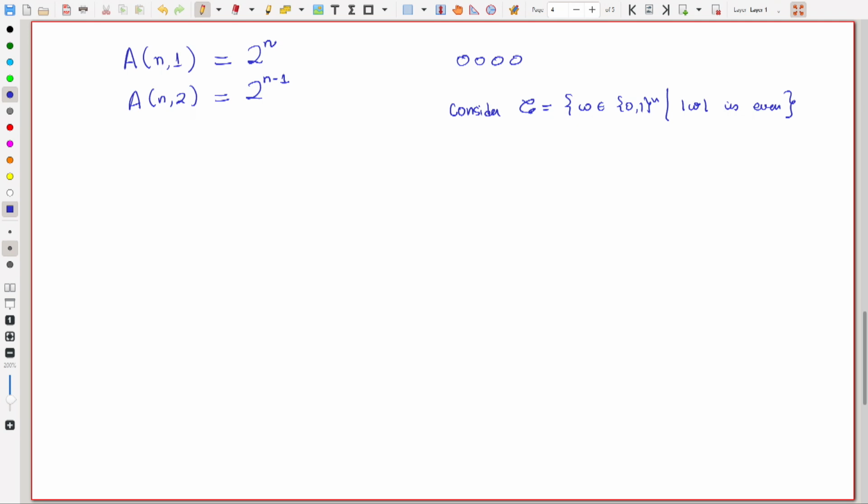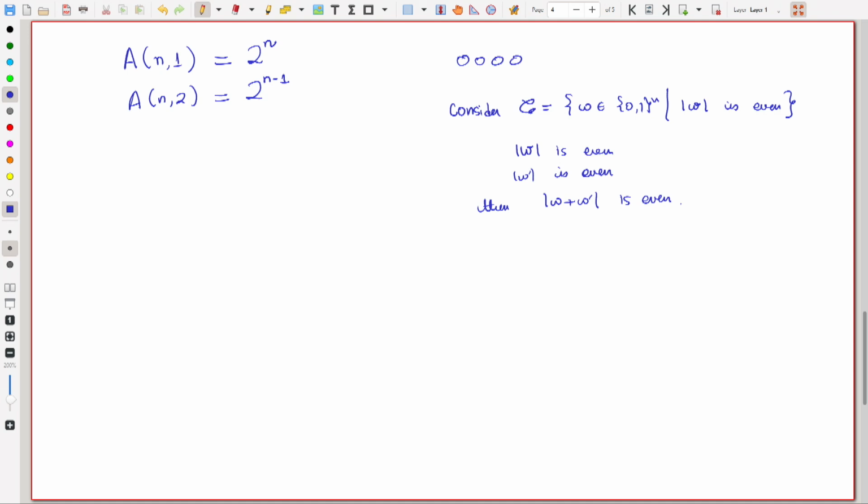Now if W has even Hamming weight and W prime has even Hamming weight, then W plus W prime will also have even Hamming weight, because of mod 2 arithmetic: addition mod 2 preserves even and oddness.